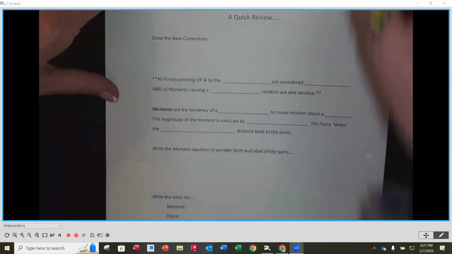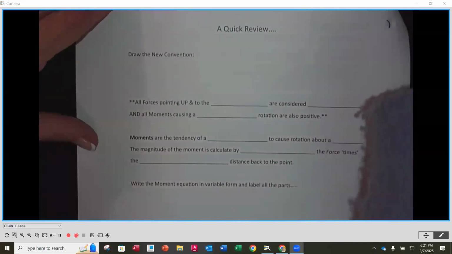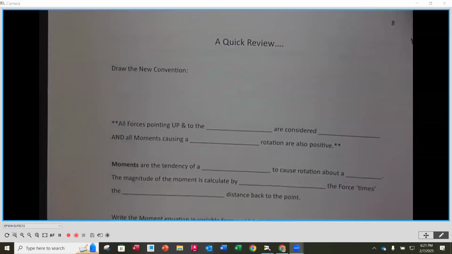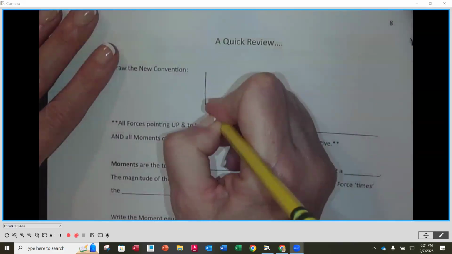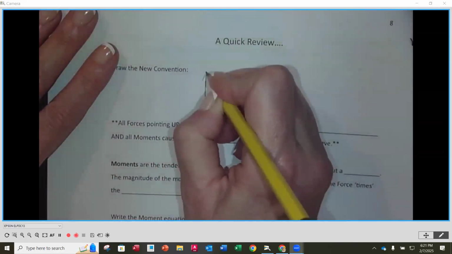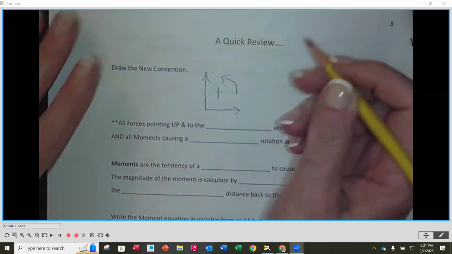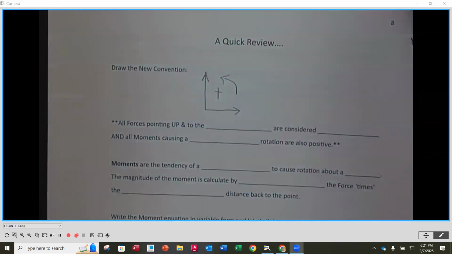Okay, why don't we start looking at the items that are on here? I'm going to zoom in. So first of all, draw the new convention. And really the new convention is built from the original convention. So our new convention, which includes the rotation, is going to look like this, right? It's at the top of every one of our problems, every one.